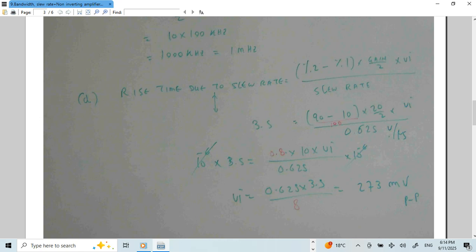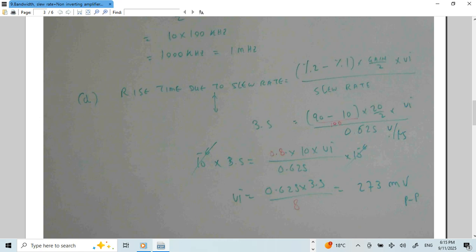Multiply gain divided by 2, so gain is 20 by 2, and the input voltage VI, divided by slew rate. The slew rate we already calculated is 0.625 volt per microsecond. So this will be calculated. The rise time due to the slew rate is 3.5 microsecond.